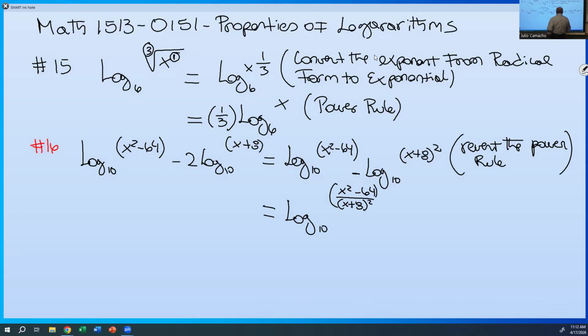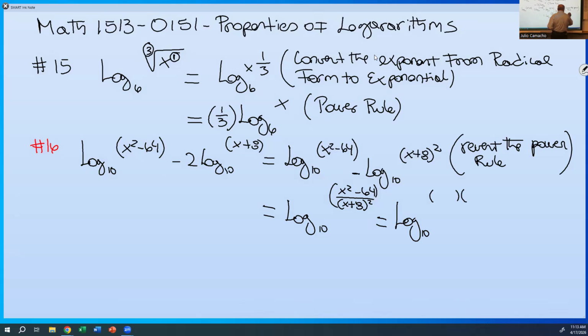So that is my logarithmic expression that was expanded, and I'll bring it back to one single logarithmic term. But I don't finish yet, because you can recognize what kind of polynomial is the numerator. Yes, of course, it's a difference of two squares. So we are applying a factorization to this problem. So that is equal to the log base 10, and I will simplify the expression in the numerator because it's a difference of two squares.